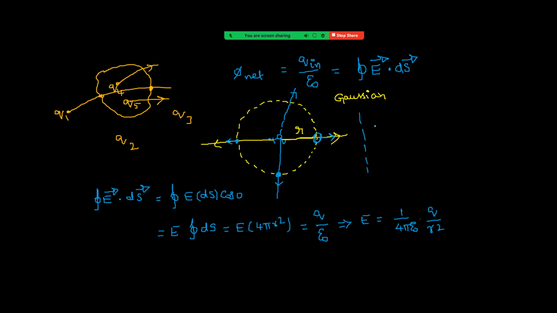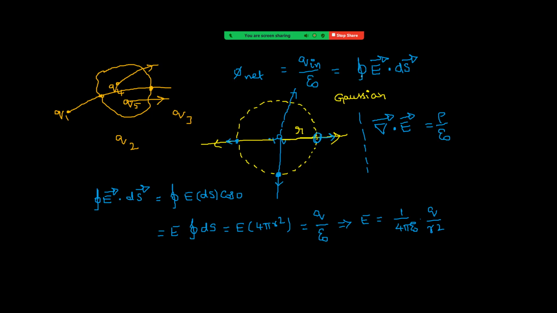The differential form is del bar dot E bar equals rho upon epsilon naught, where rho is charge per unit volume. This is known as Gauss law in differential form. The upper one is Gauss law in integral form.